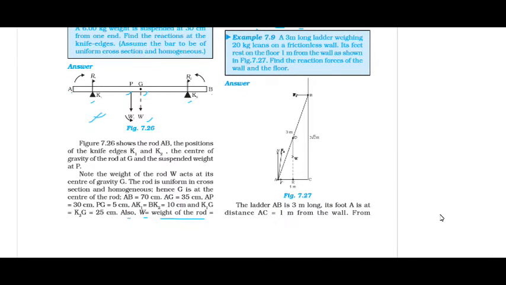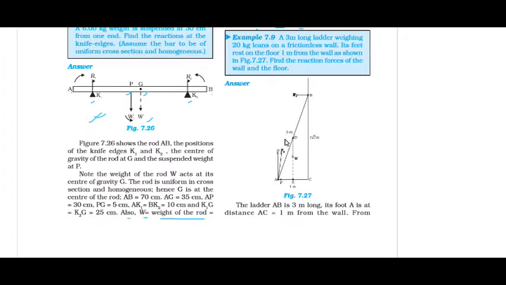Now next, example 7.9. A 3-meter long ladder weighing 20 kg leans on a frictionless wall. Its foot rests on a floor 1 meter from the wall as shown in figure 7.27. Find the reaction forces of the wall and the floor.